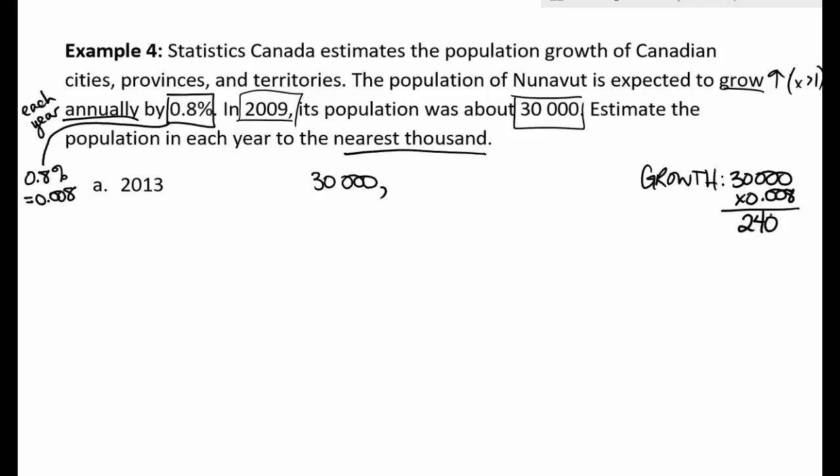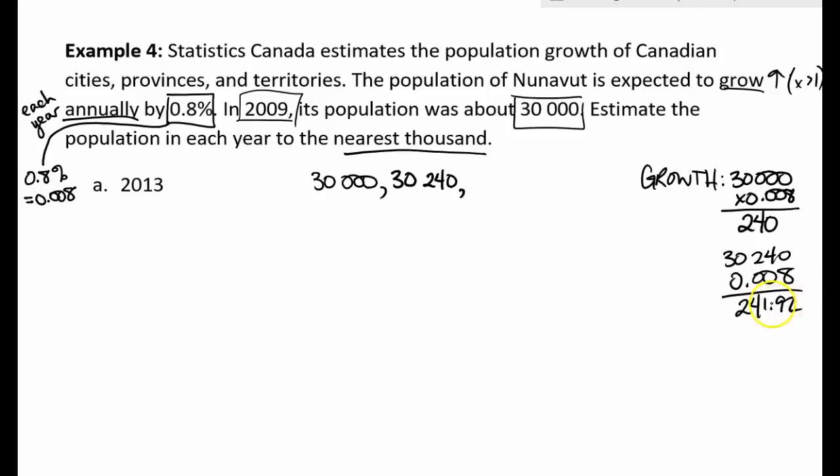So my new population isn't going to be just 240 because that's not growth at all. My new population is going to be 30,240. The following year, I'm going to take that number, my 30,240, and multiply it by 0.008, which gets me 241.92.